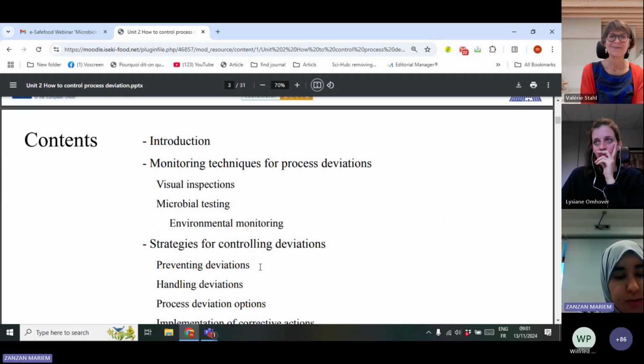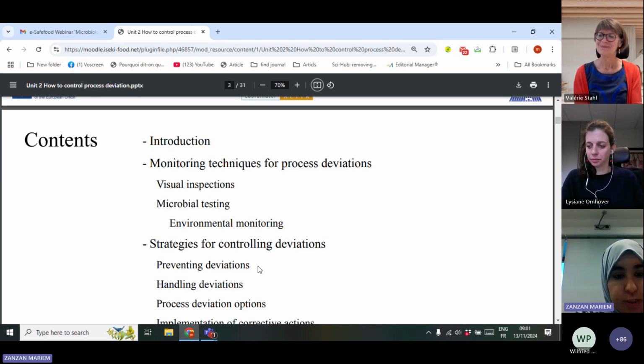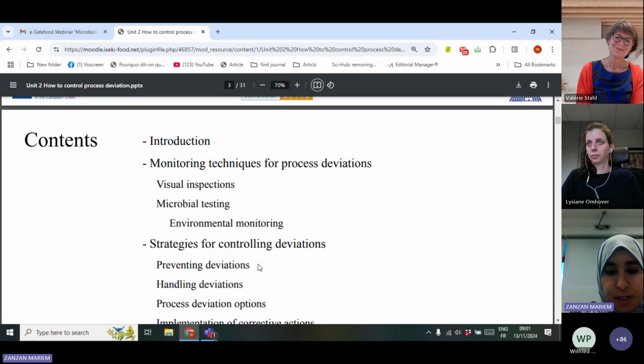As content, we will start with the introduction to set the context, then different monitoring techniques for process deviations, including visual inspections, microbial testing, environmental monitoring.